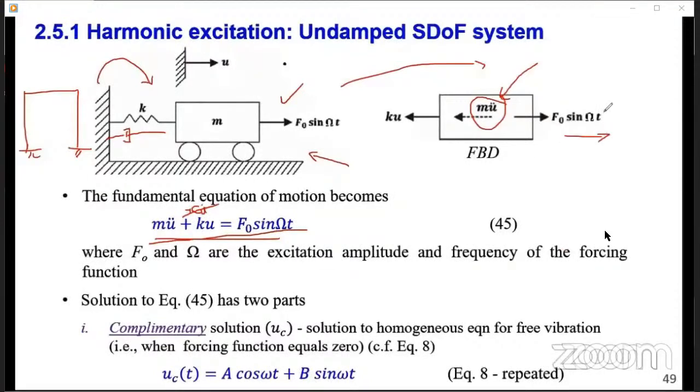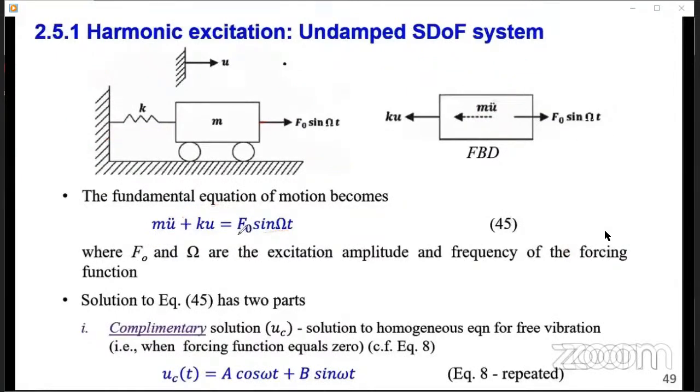You can see at a different time, when t varies, of course, the load experienced on this body will vary, right? So our fundamental equation, as you can see, if it was free vibration and damped, this part would have been 0. And this is what we started with.